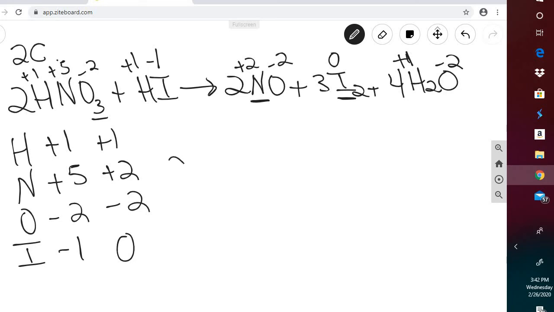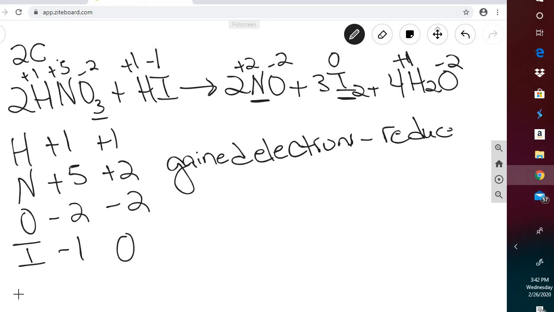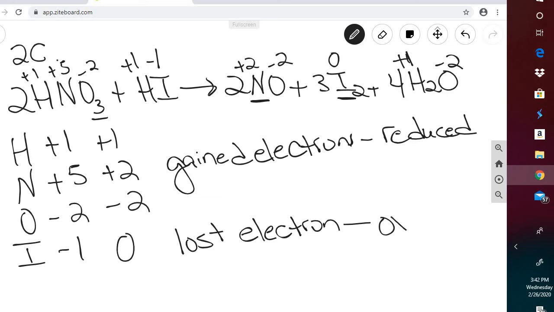So the nitrogen went from +5 to +2. So that means that it gained electrons. So if it gained electrons, it was reduced. And the iodine went from -1 to 0, which means that it lost electrons. It lost 1 electron. And when you lose electrons, that means it was oxidized. Okay, so then we look, what is the oxidizing agent?